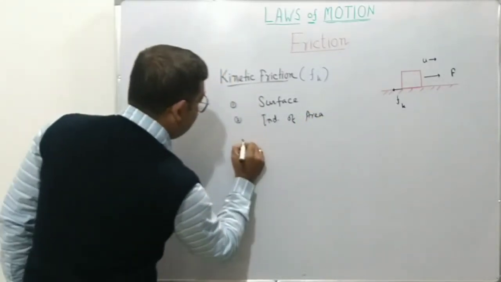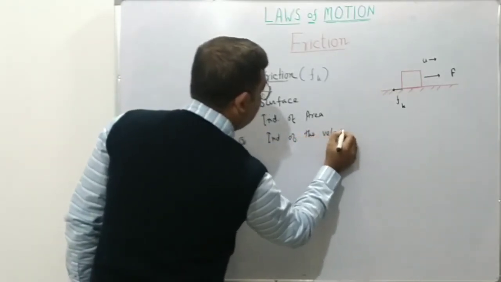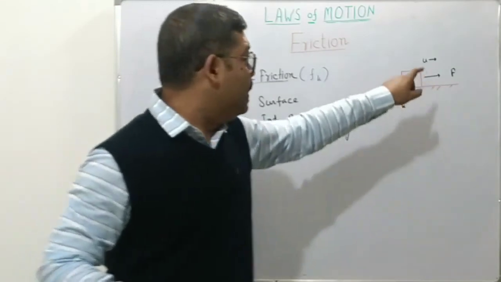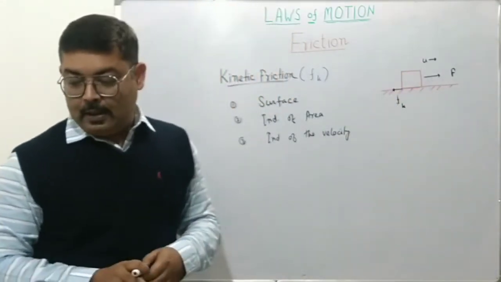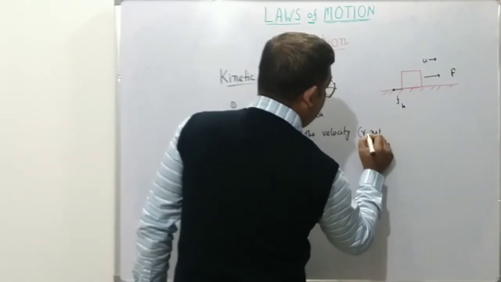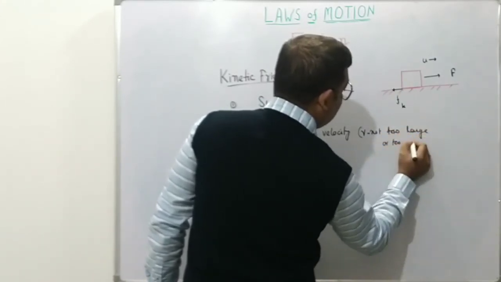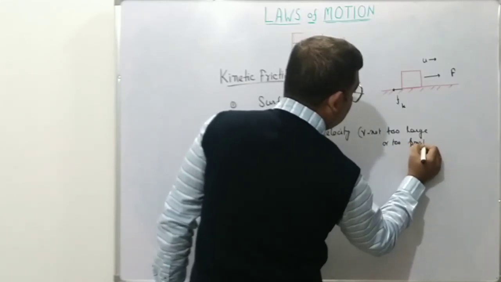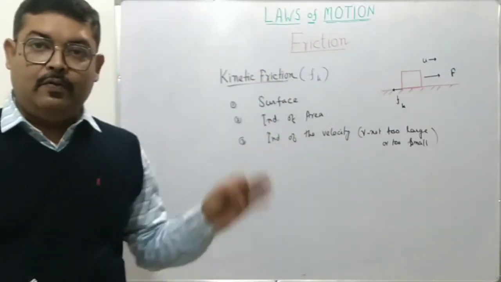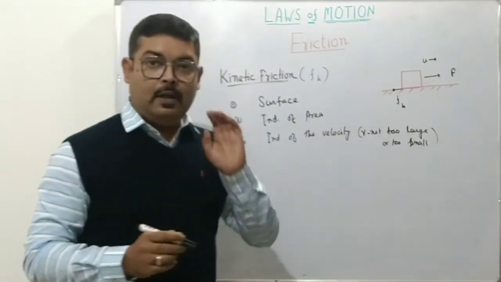Further, it is independent of the velocity with which the object is sliding over the surface, as long as the velocity is not too large or too small. For moderate velocities, the kinetic friction doesn't depend on the velocity of the object over the surface where it's sliding.